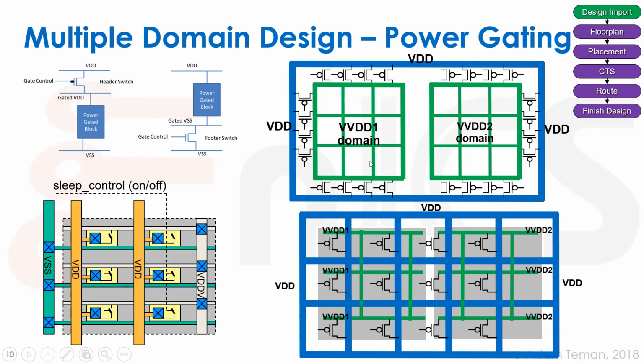But it means that we have a longer way to go from each of these switches until we get to the actual gates. So it would be much better if we could interleave these switches inside the domains themselves, and that's another way of doing it. It just makes the whole floor planning a bit harder.